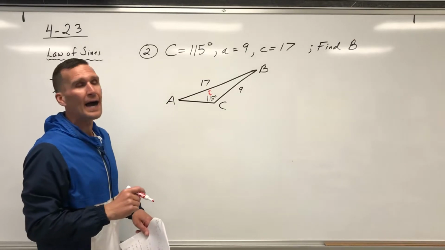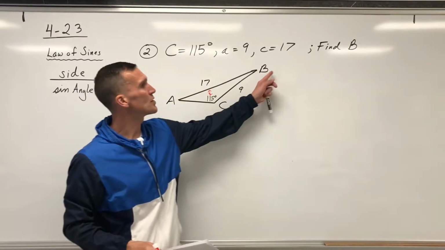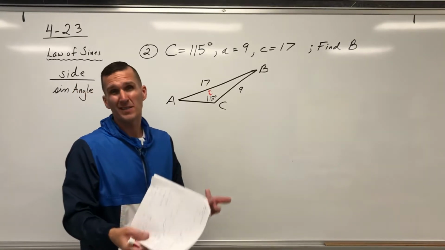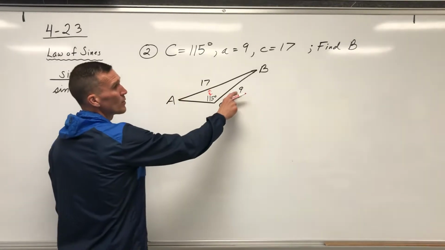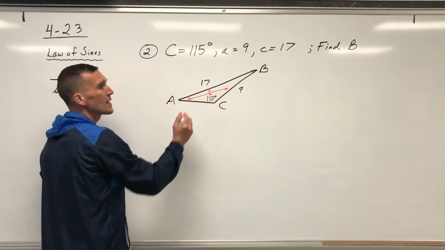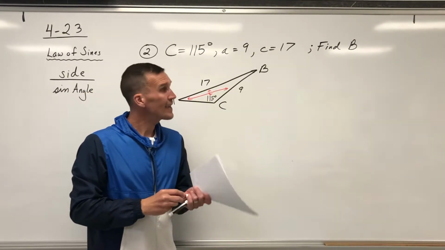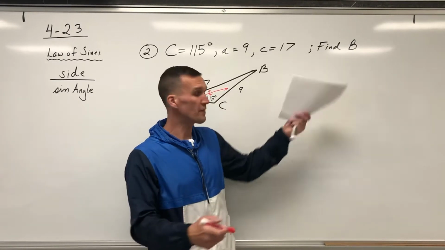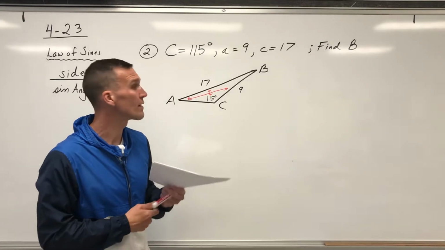But I don't have enough information to find B right now. I can only find something as part of a combo. And since I know little a, that would go in combo with big A. So actually right now I can't solve or finish my problem for B. I have to find big A first.